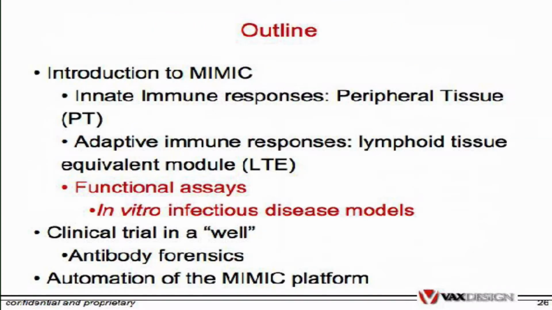Now I'm going to talk a little bit about how we test these antibodies in vitro to determine if they're going to be effective in vivo. Now, that doesn't necessarily mean that the antibodies we're producing will be protective in a human, but it gives us some indication as to how the human would respond if they were given this particular antigen.